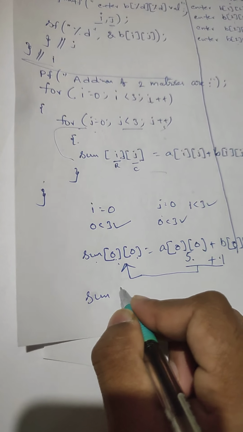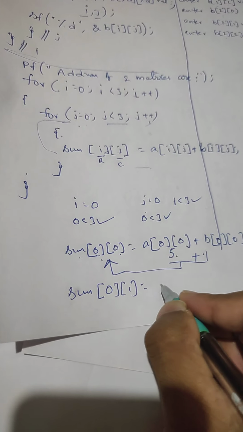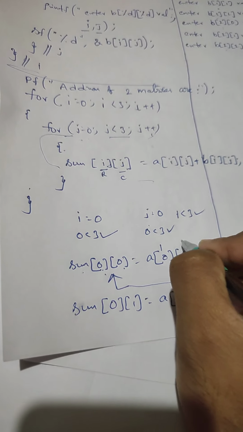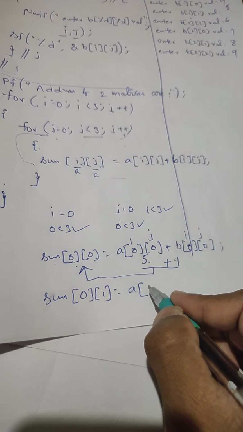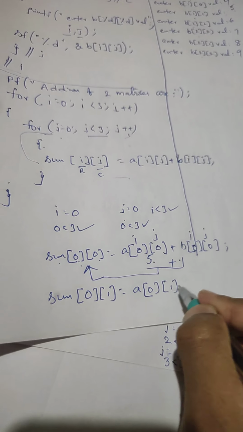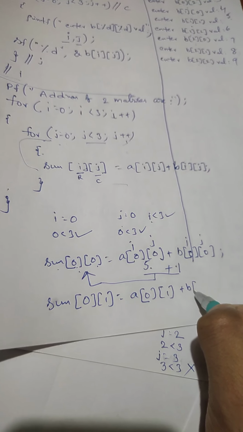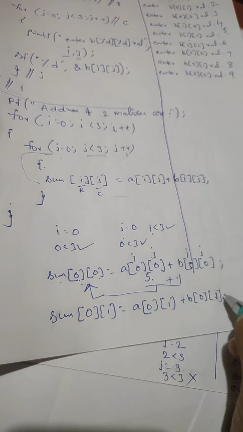So sum of i value 0 and j value 1 is equals to a of 0 1 plus b of 0 1.